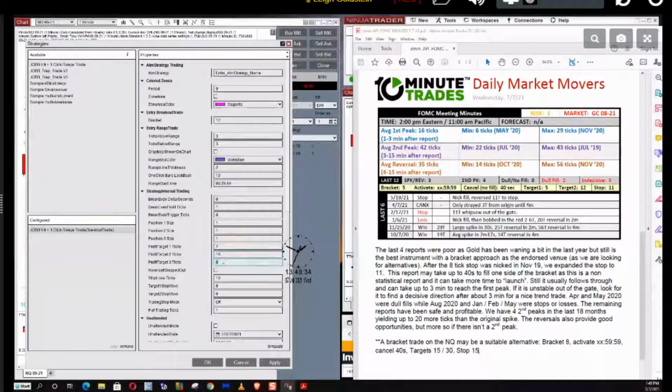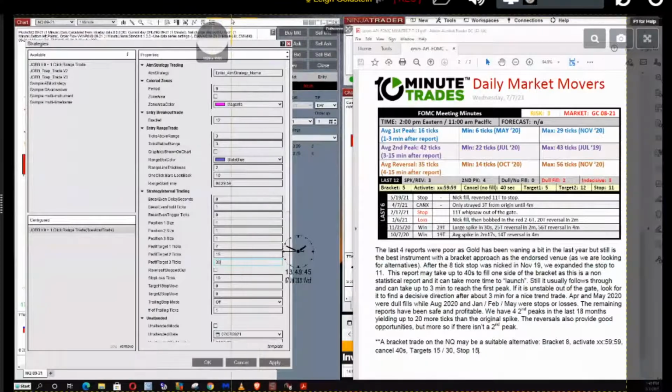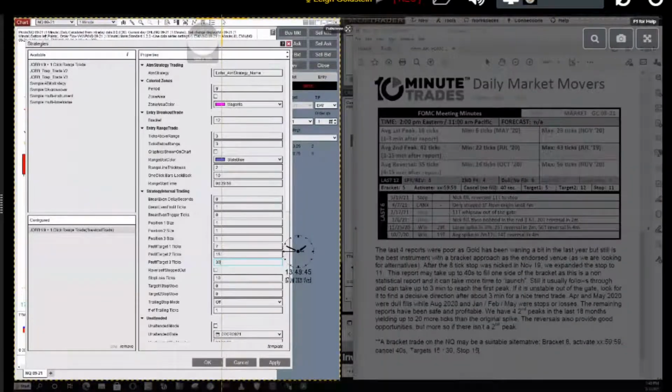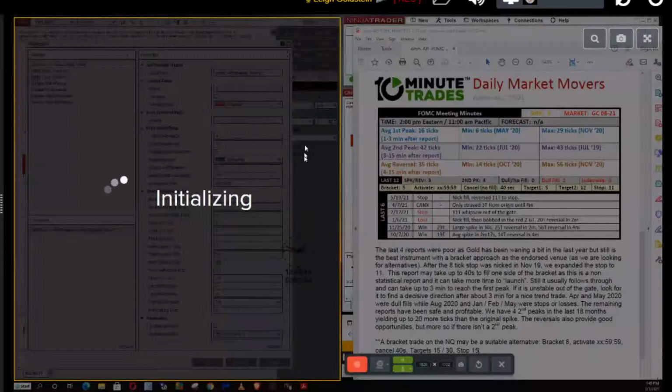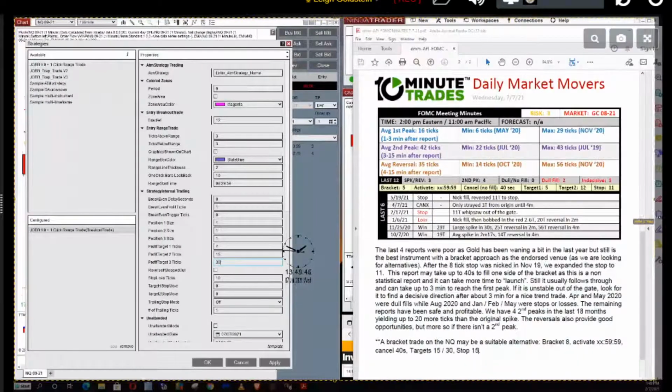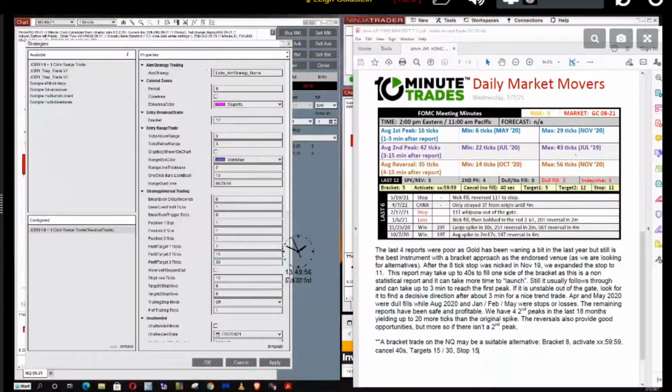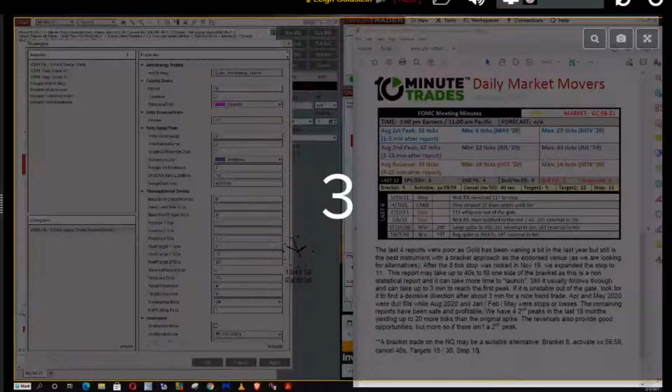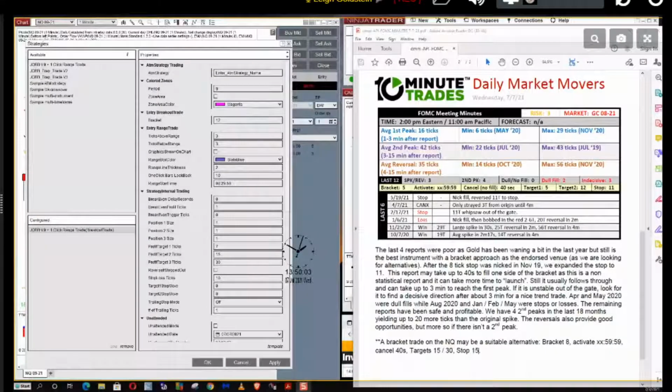I'm adding a smaller target because I want the opportunity to get filled and be able to move my stop to a safe place. Okay? Maybe I'll only make $35, but it's been a difficult trade. We're testing it. It hasn't been making money. I want to see if there's any hope that the NQ bracket is good.